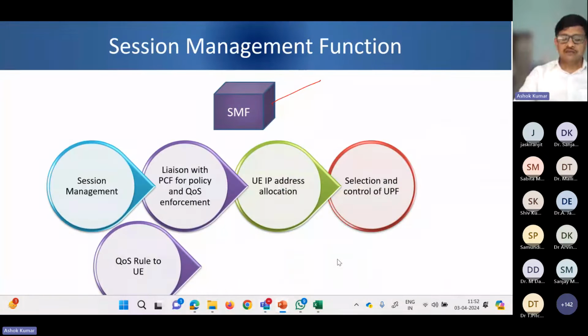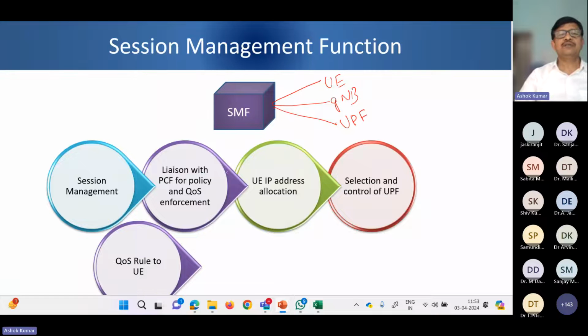The other important thing which I wanted to tell you is that the entire quality of service rules, etc. are provided by SMF to three entities. One is the user equipment. User equipment plays a very big role in QoS. Then the gNodeB, and the third is the UPF.